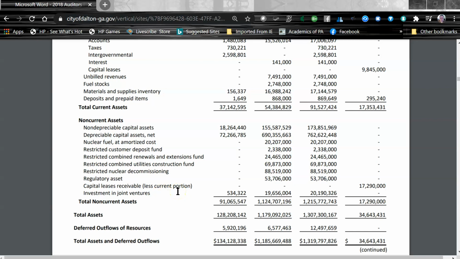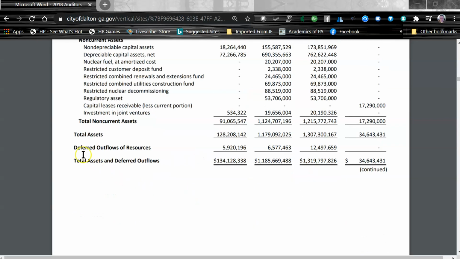So not too dissimilar. I remember I told you about the deferred outflows of resources. Again, I'm not going to deal with that right now because it's kind of a rabbit hole. I dealt with it previously. But it's not an asset, though it's reported with assets because it behaves like an asset, but it isn't an asset.